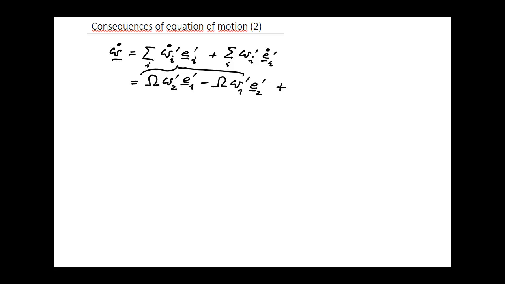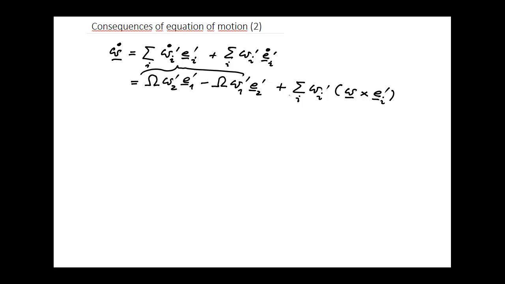As for the second sum, we have omega i prime, and then the time derivative of basis vector Ei prime, that is, we had that many times before, the vector product of omega with Ei primed.